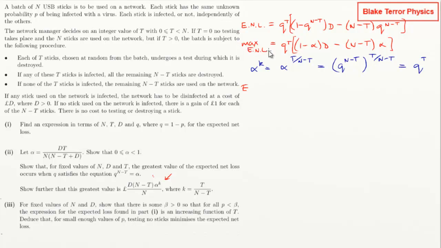So ENL max is going to be equal to then alpha to the k, but now I want these alphas to be disappearing, which could be interesting. So I've got a d, a minus alpha d, a minus n alpha, and a plus t alpha. Okay, so how am I going to get all of that thing to disappear into anything?